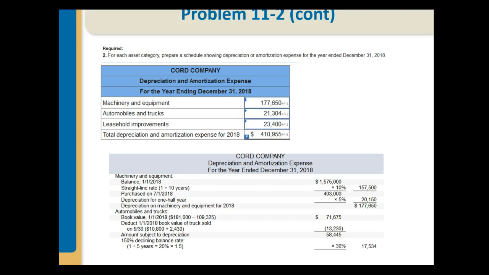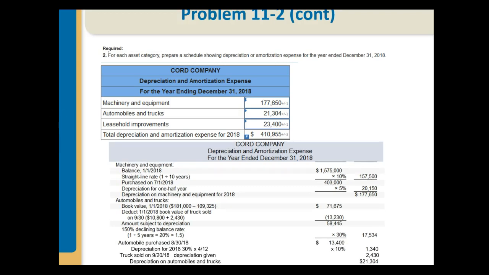But then we purchased the equipment that we just talked about, and that we are going to depreciate for half the year, 5%, $20,150, for a total depreciation for machinery and equipment for the year of $177,650.